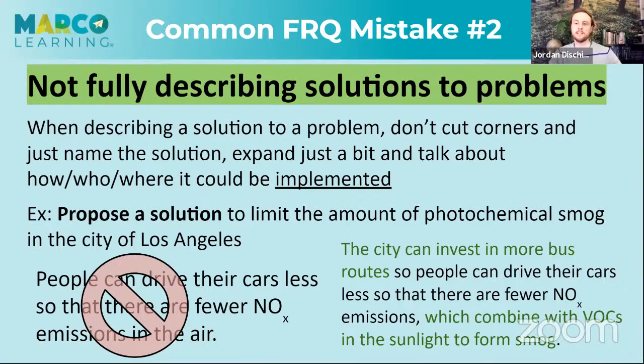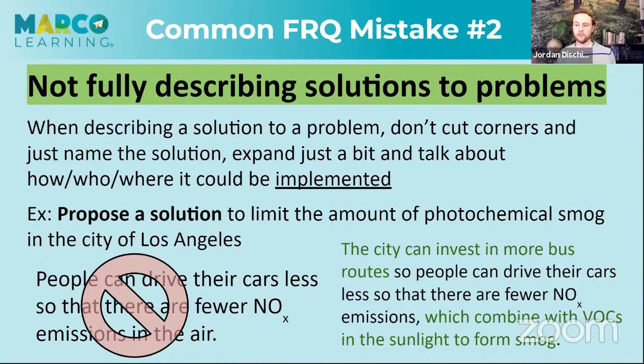So let's look at a second not fully described solution here. When you describe a problem, again, you just can't cut corners. You can't just throw the solution out there and say people should just drive their cars less. That's just not realistic. How are they going to drive their cars less? What is going to prompt them to do that or motivate them to do that? So think of our who, how, where.